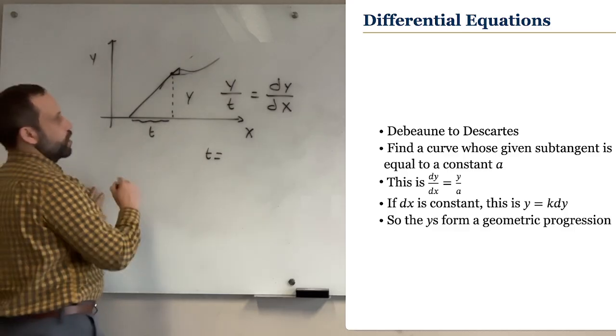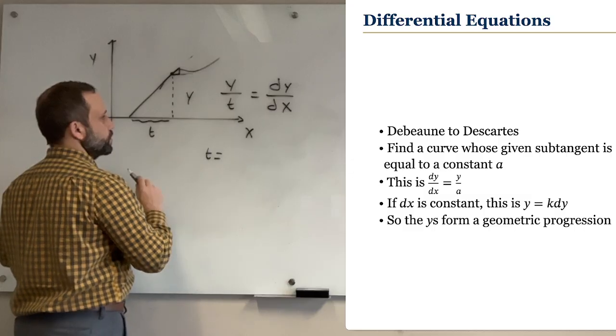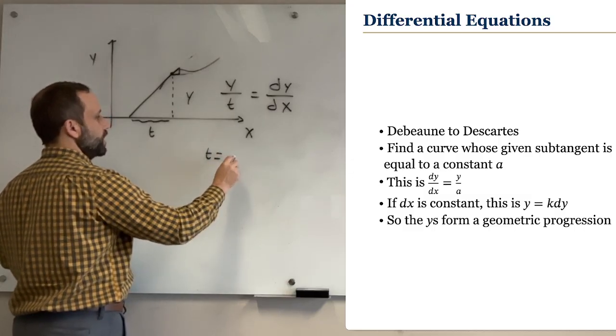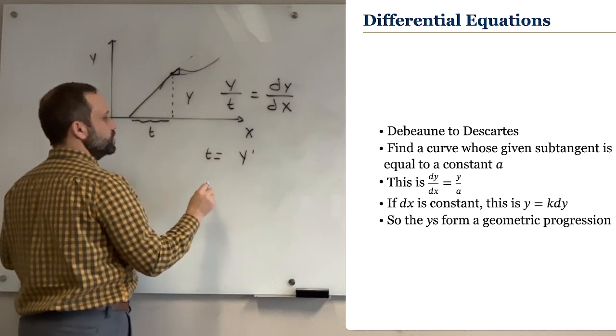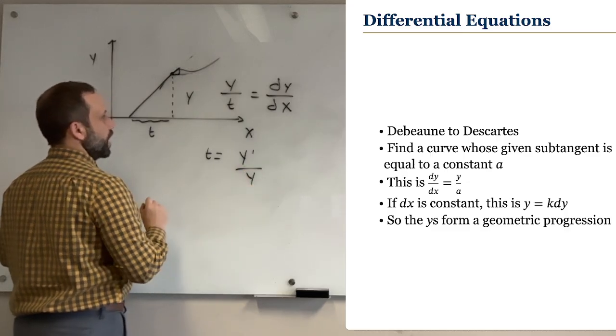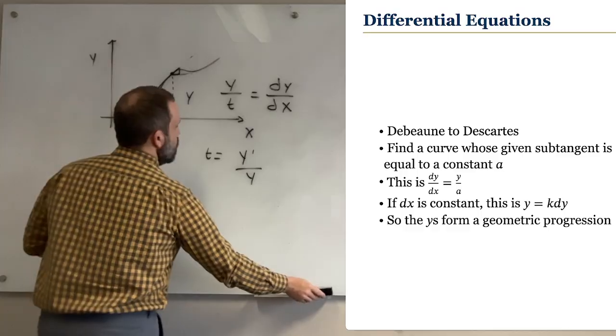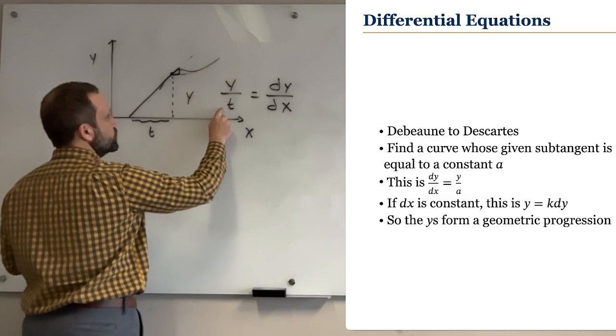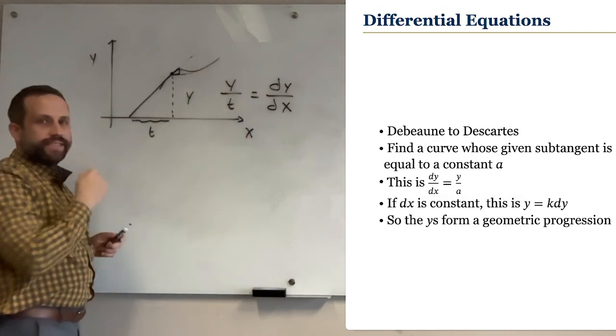So I guess we could solve this for the subtangent. Sorry, I blanked a little bit there. We could solve for the subtangent and get that the subtangent, using Newton's notation here, would be y divided by y prime. But what we have now, if you look at this, is y over t equal to dy dx.